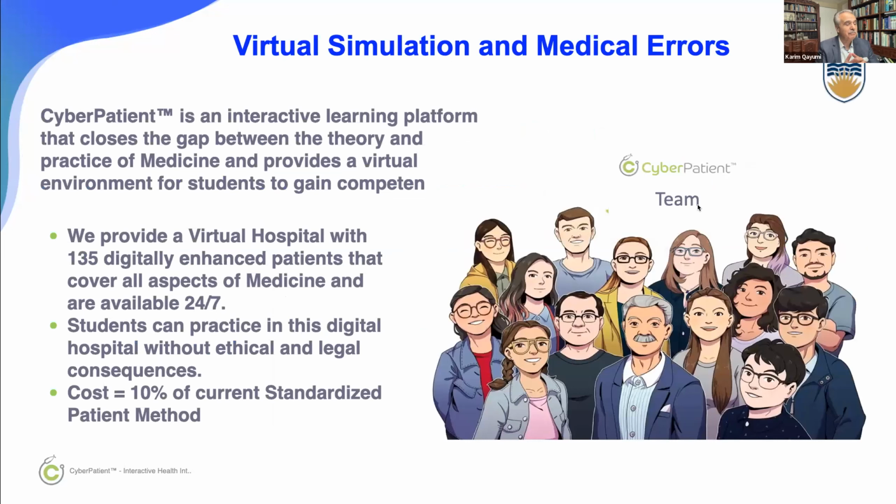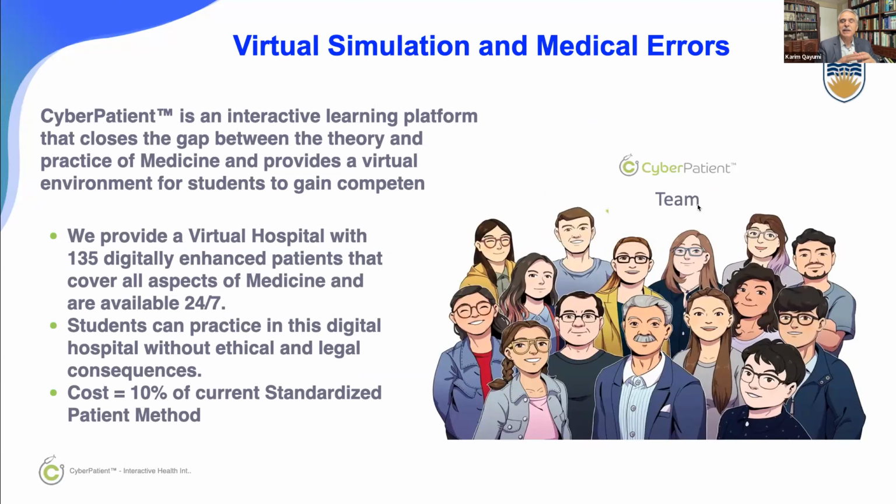Now we're going to talk a little bit about virtual simulation and its role. There are many virtual simulators and online simulation platforms, but I will talk about CyberPatient because it's my baby. We developed CyberPatient at the University of British Columbia, Department of Surgery, and it's now commercialized.